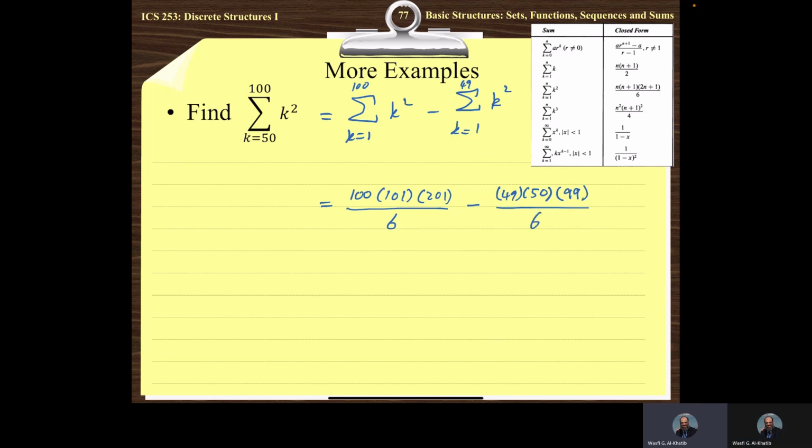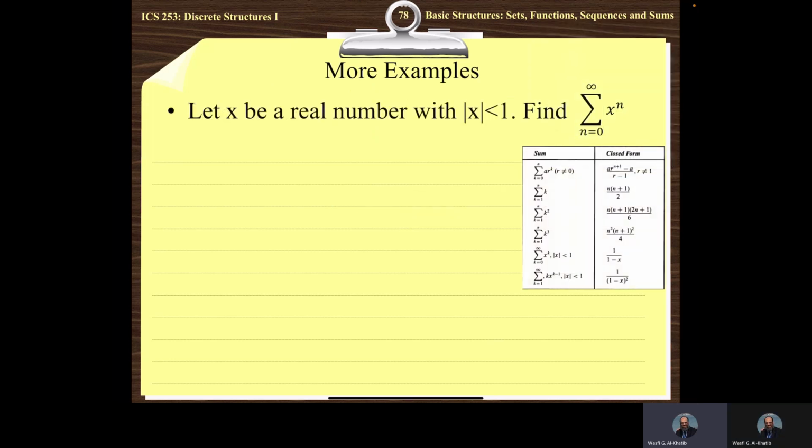Divided by 6. What do you think, guys? Any question? Okay. This summation, does it look similar to any of the summations that you see on the left, on the right?